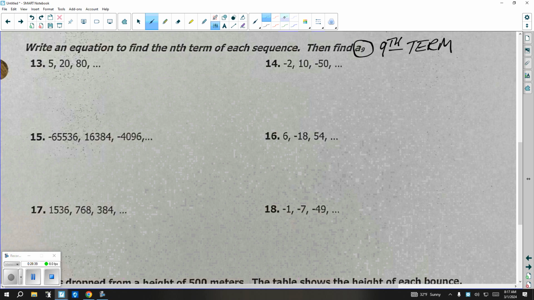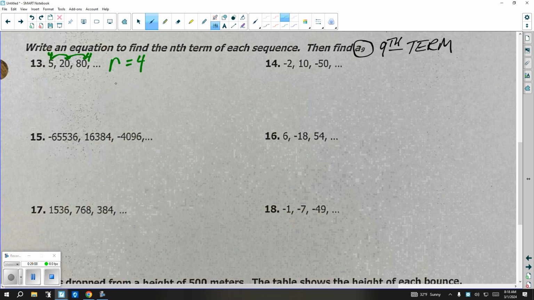First of all, you have to figure out how you go from 5 to 20 to 80. Did you say multiply by 4 and multiply by 4? So did I. So then everybody should write R equals 4. That's an R. It's like a pirate problem. R is 4.